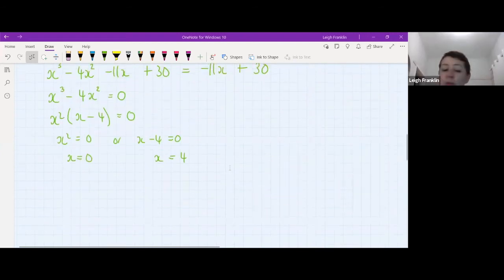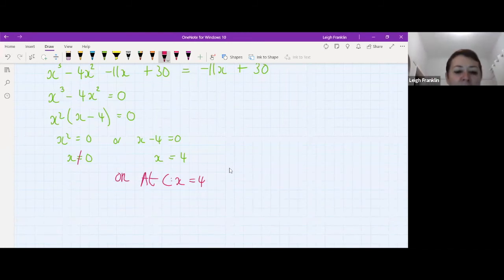Now what we need to do is make a choice. All right. So here you've got an option. Either you put a line through that, or your option is to say at C, x equals 4. Okay, but you just need to indicate that you are choosing 4 as your answer for C. Okay, and then you're going to sub it back in.